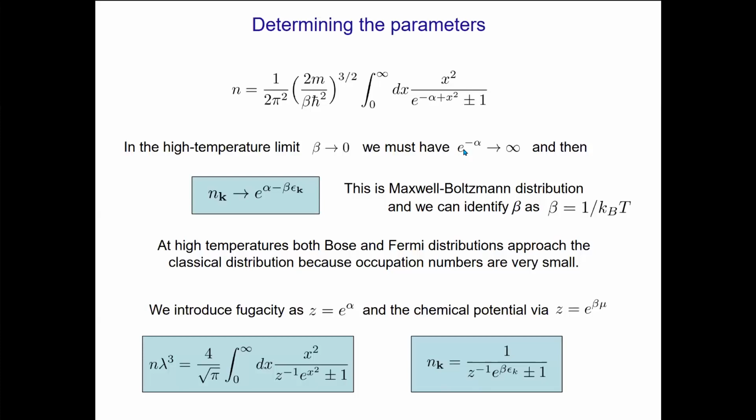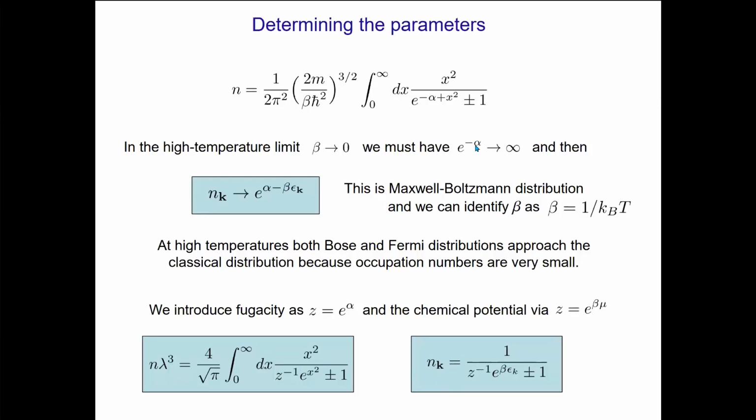So exponential of minus alpha should become very large. If this becomes large, then we can discard this plus or minus 1, and in this limit the integral will give us just some constant. So in this limit, beta goes to 0 and alpha goes to minus infinity.